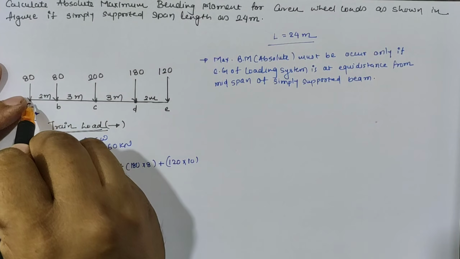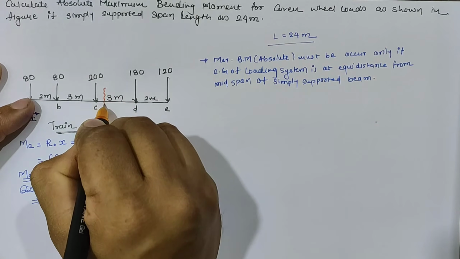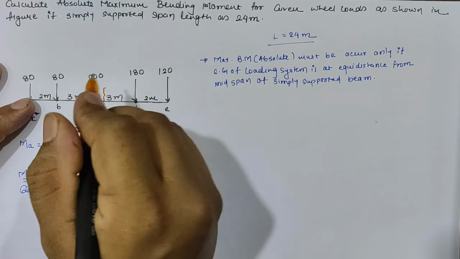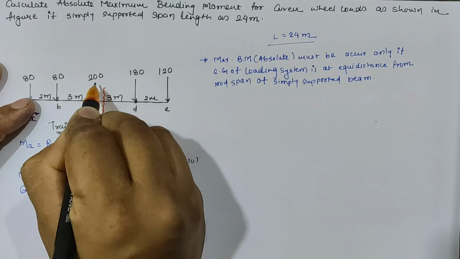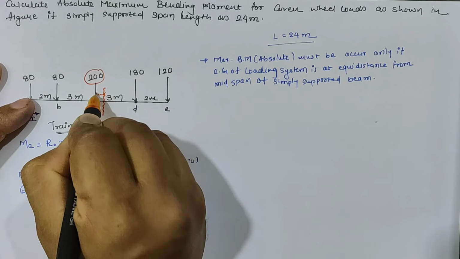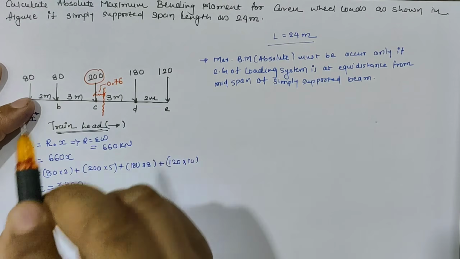It means from A it is at the indicated location. So 2 plus 3 is 5. So from the 200 kilonewton load, our CG distance is 0.76 meter.